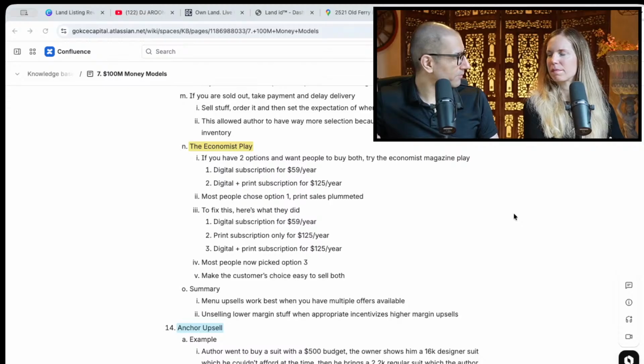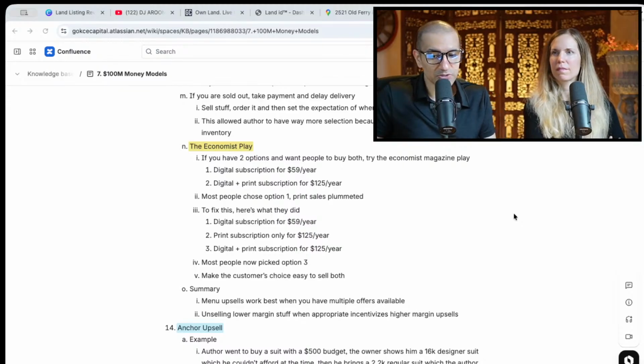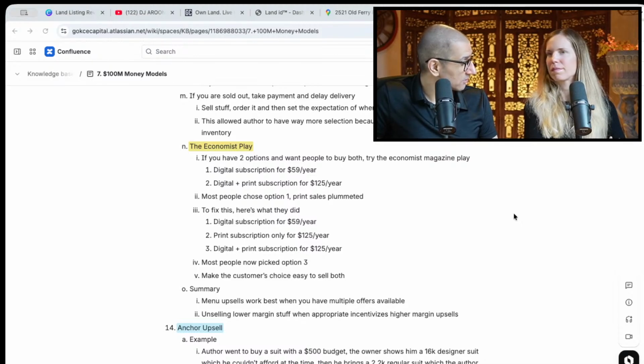No one wanted to buy print anymore. To fix this, they said digital subscription for $59 per year, print subscription only for $125 per year, and the third option, digital plus print subscription for $125 per year.